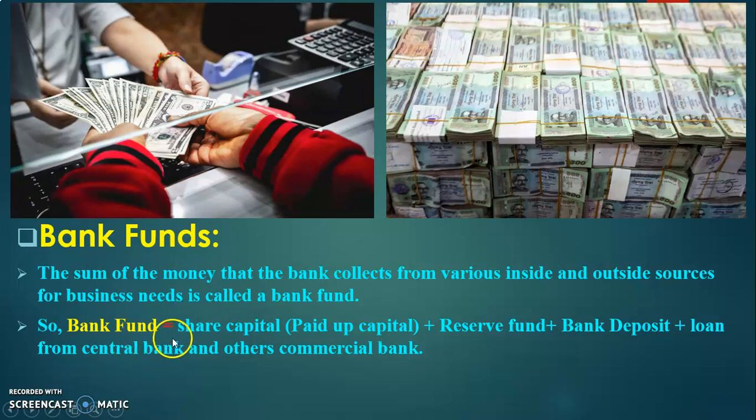So, bank fund equals share capital or paid up capital plus reserve fund plus bank deposit plus loans from the central bank and other commercial banks or financial institutions.